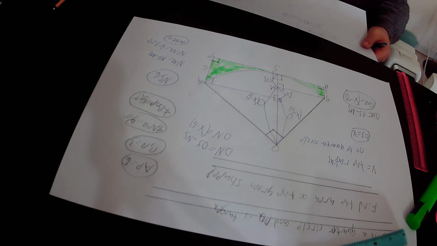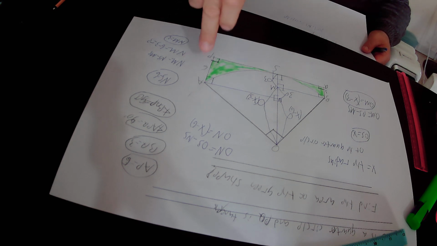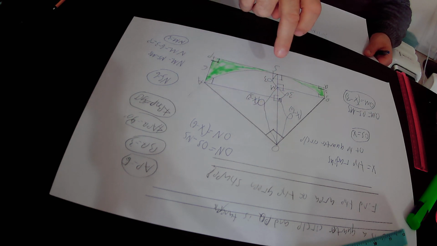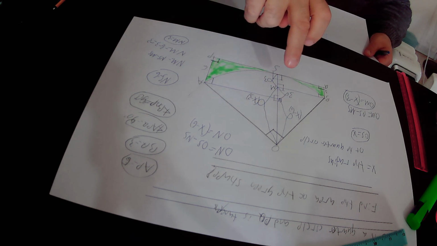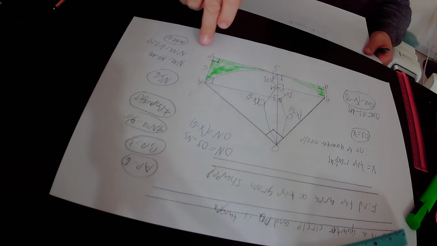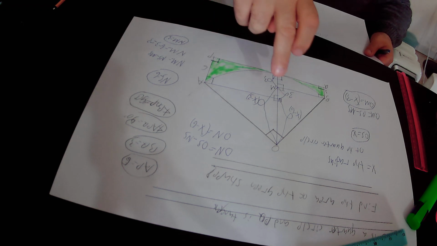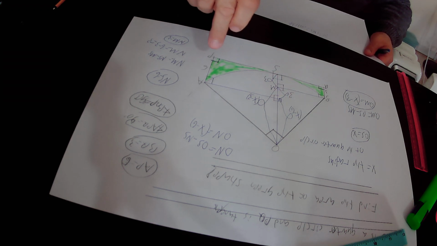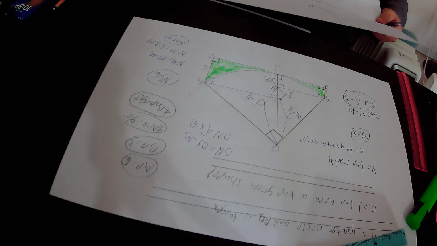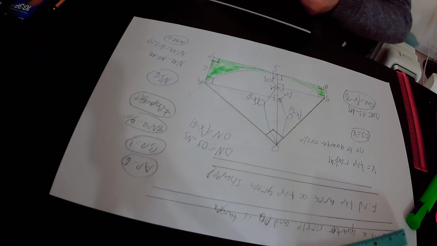So in quadrilateral OSPA, we have one pair of sides that are parallel to each other. Side OS is parallel to side AP. Therefore, quadrilateral OSPA is a trapezoid because it has one pair of parallel sides.